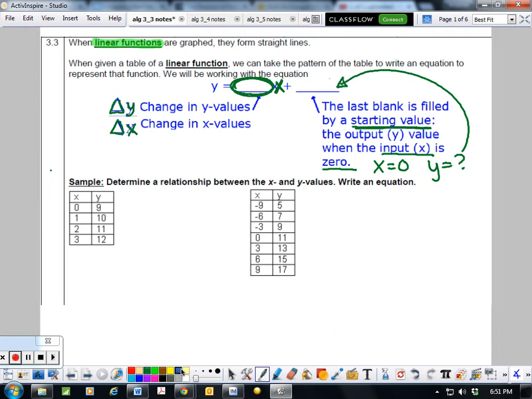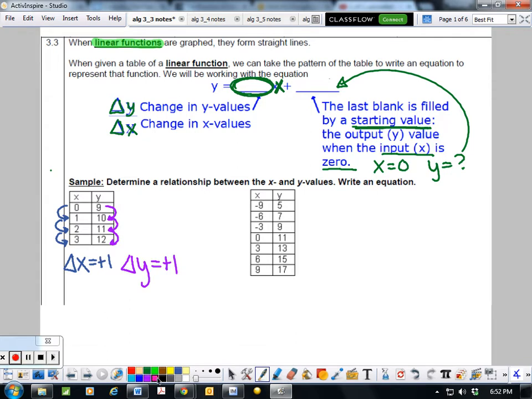So our first problem, we've got this table, and what I'm going to do is I'm going to look at how do my x values change. So here my x values are changing by each time I add 1. Now I'm going to look at how my y values change. So my y values each time I am adding 1.